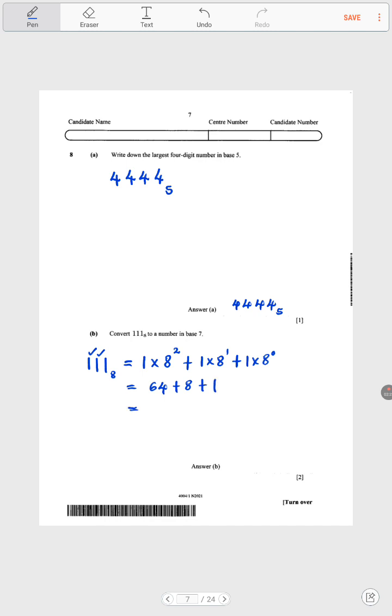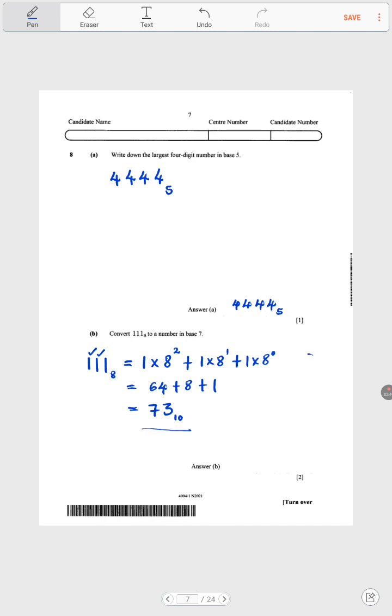So 64 plus 8, that's 72. And here you're going to have 73 in base 10. So once you have this number, which is 73, that's the one that you use to convert to base 7.